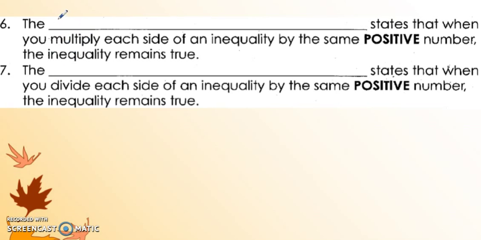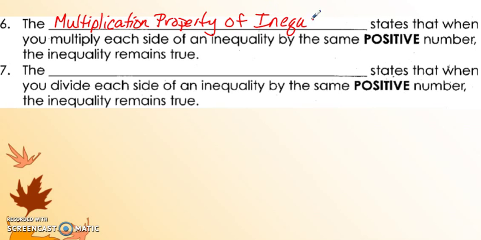Two properties: the multiplication property of inequality states that when you multiply each side of an inequality by the same positive number, the inequality remains true.